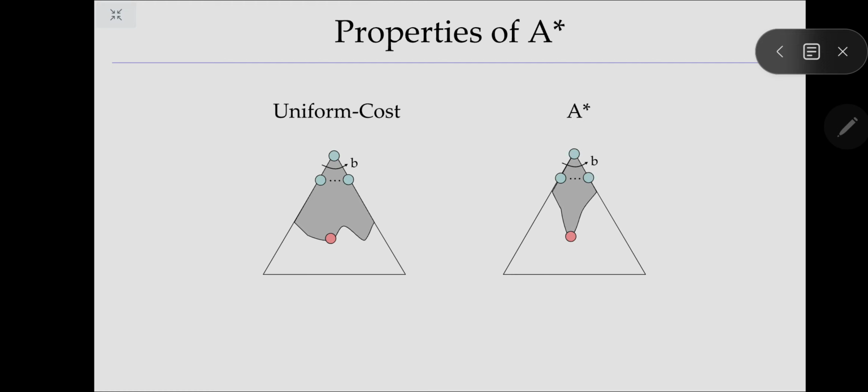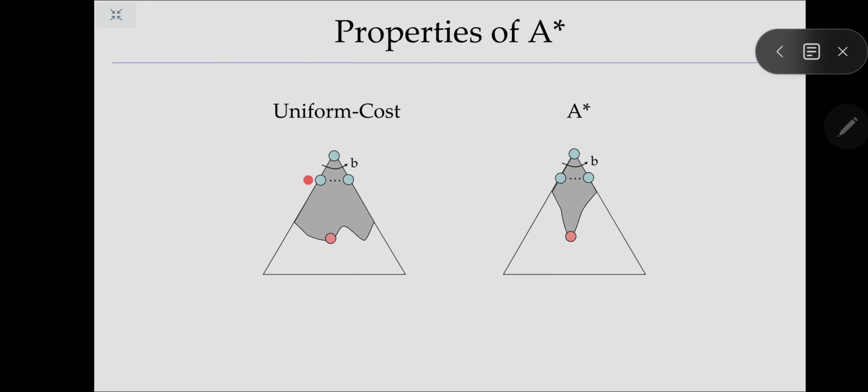We need to compare the quality of two different algorithms, uniform cost and A star. As you remember, in uniform cost, when you enter one state, you uniformly evaluate its neighbors, because you check all of the neighbors in a uniform manner.